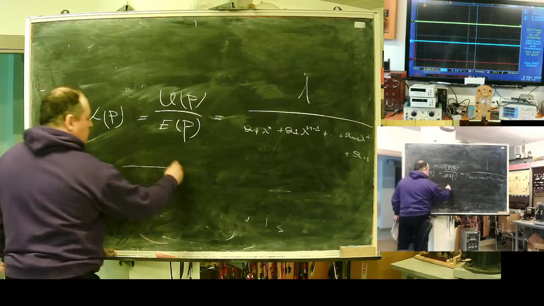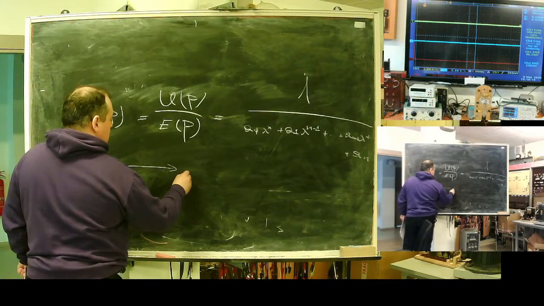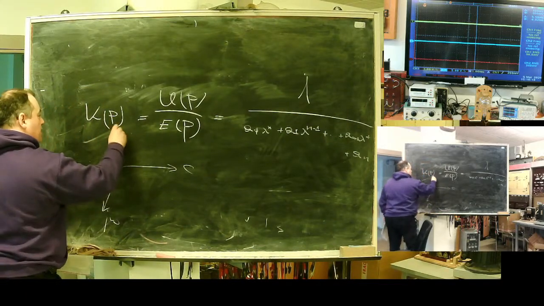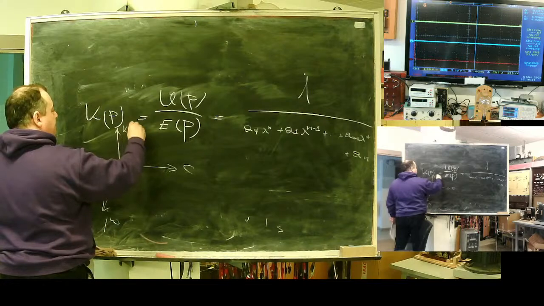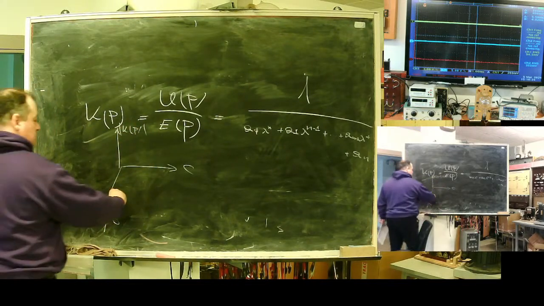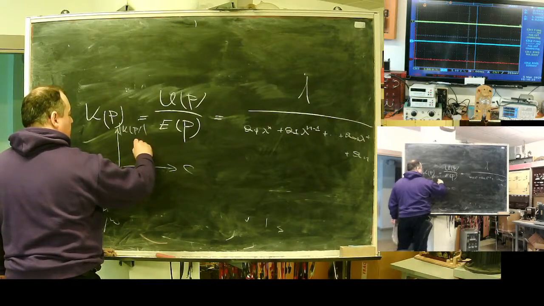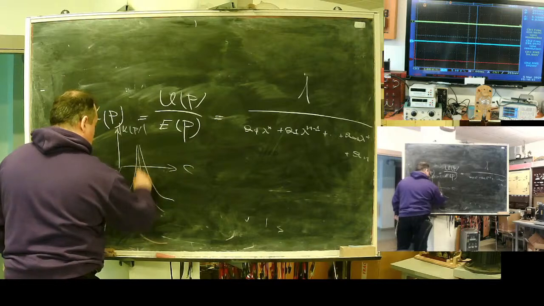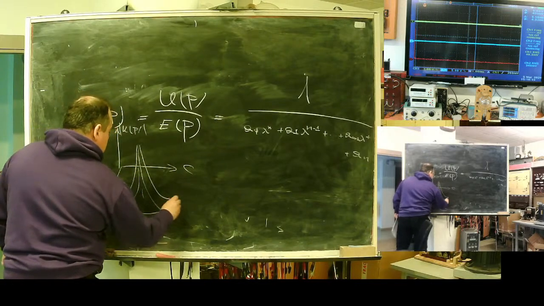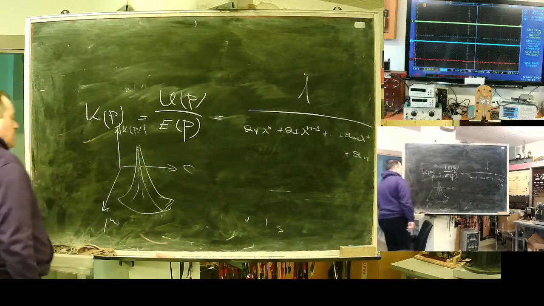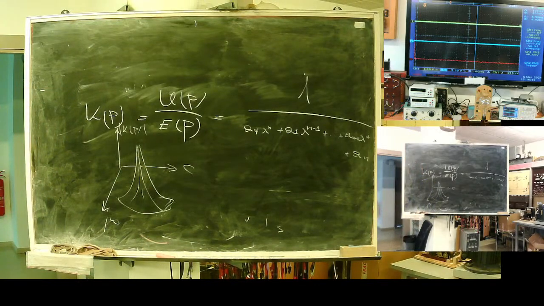At this point, I can draw it very schematically. Something like this. It's called a pole. It's a point where the function goes to infinity.